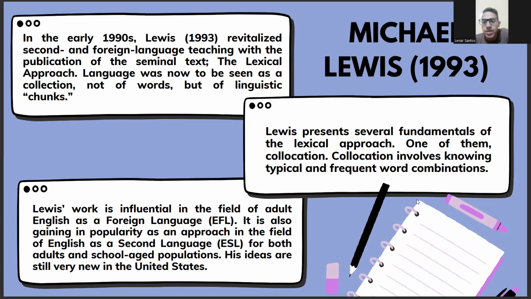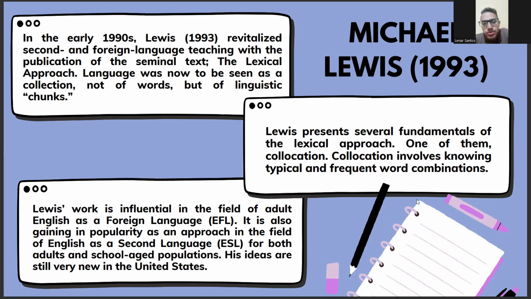One of them, as we already mentioned, is collocations. Collocations involve knowing typical and frequent word combinations. Claims for non-linear development of collocation skills are examined from an immigrant English language learner in a high school population.